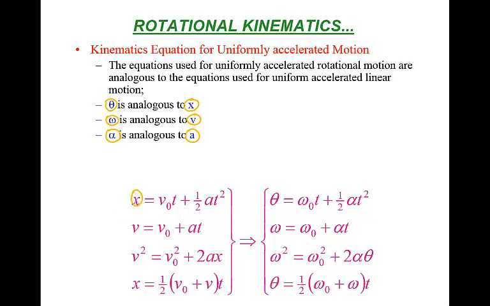Look at this x here. What's the equivalent to it now? It's the theta right here. The v0 is omega 0 right here. The acceleration, which is linear, is now represented by the angular acceleration. And you can make a case for the rest of the equations, and you're going to apply them exactly the same way.